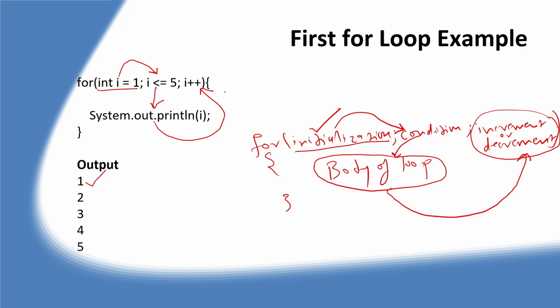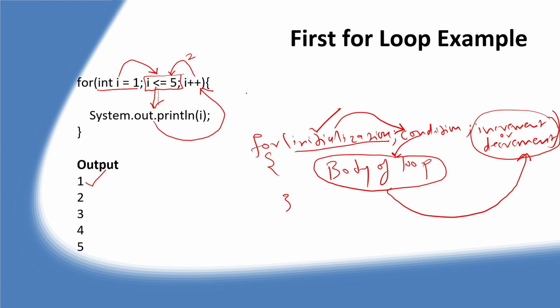Now it will check whether the incremented I value satisfies the condition or not. So value of I is 2. So it will check the condition whether 2 is less than or equal to 5. Yes, condition is true. So it will execute the body.